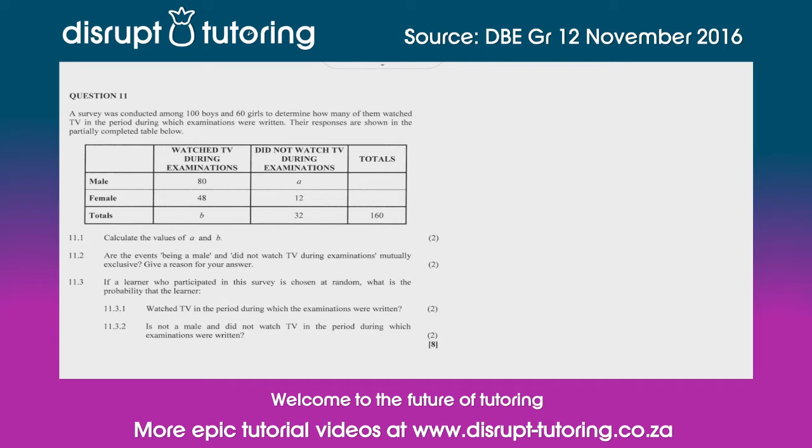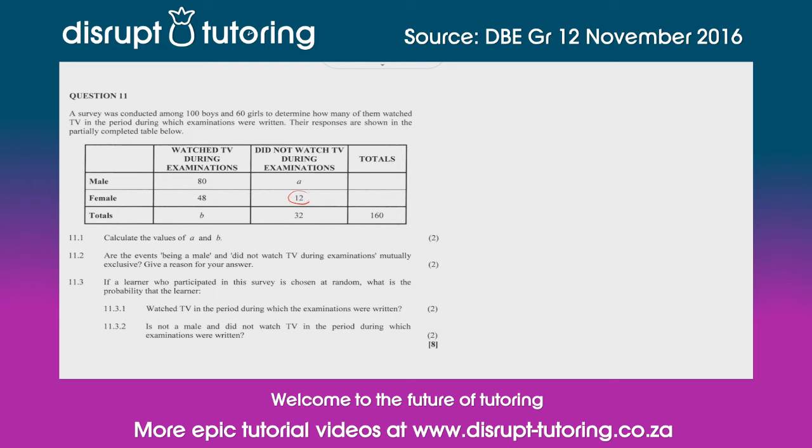So firstly, let's have a look at the table, and if we consider the whole table, we should probably see if we can fill in these values as well. They might help us along the way. So when we consider this cell over here, we know that that's going to be the total of those who were female and watched TV, and females who did not watch TV during examination.